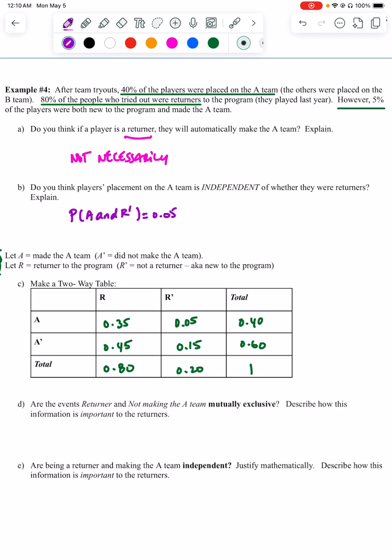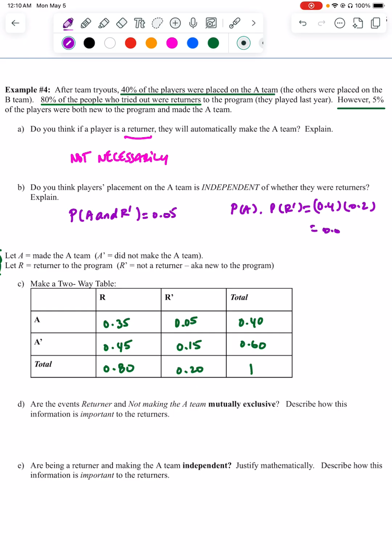We need to compare it to the probability of A times the probability of not returners. The probability of A is 0.4. The probability of not returners is 0.2.